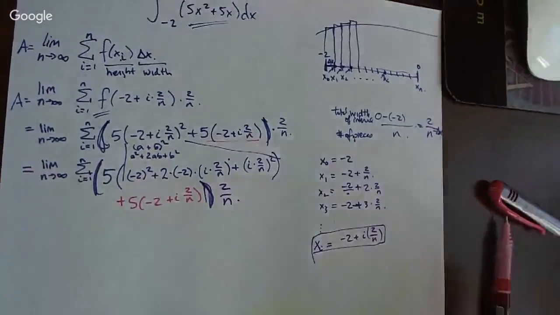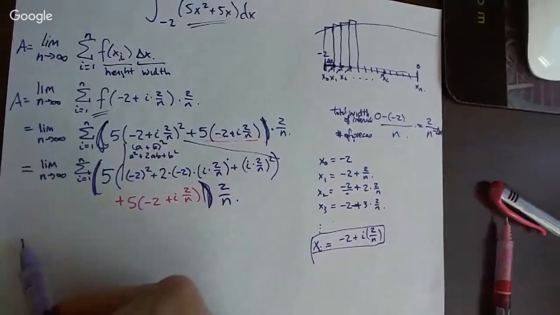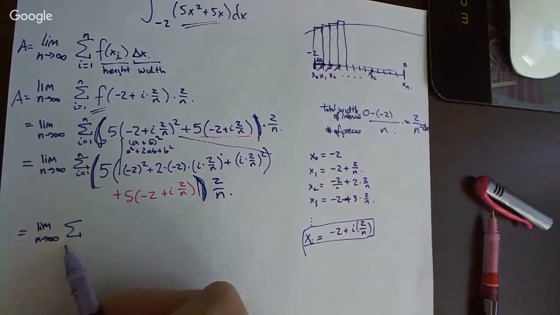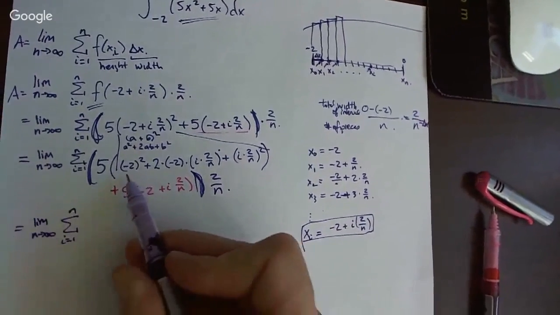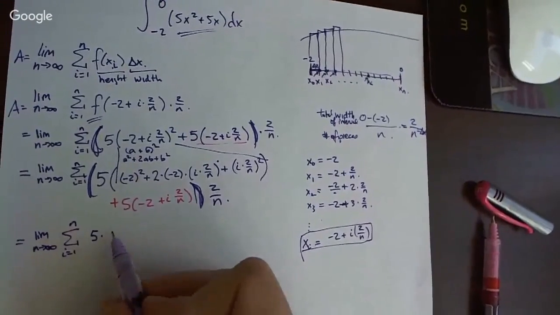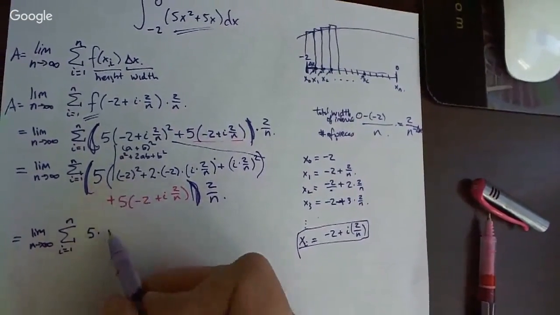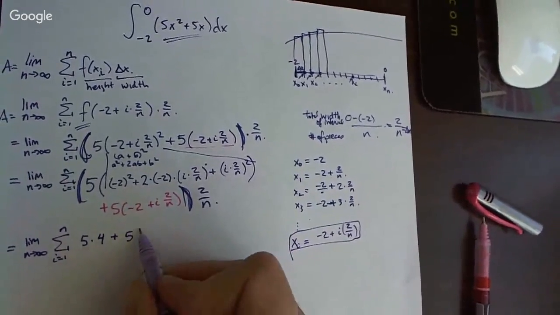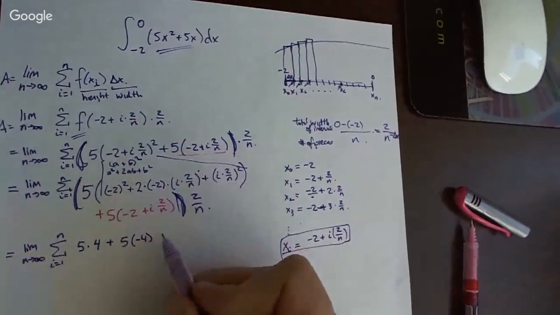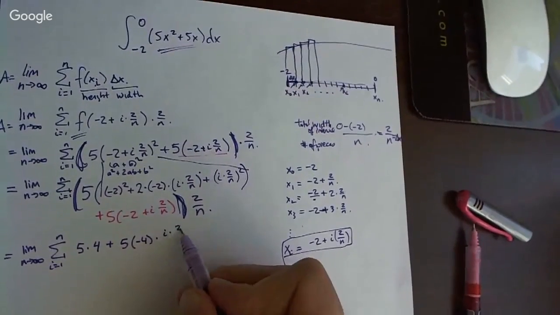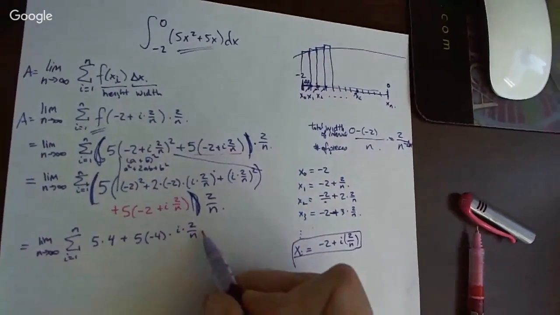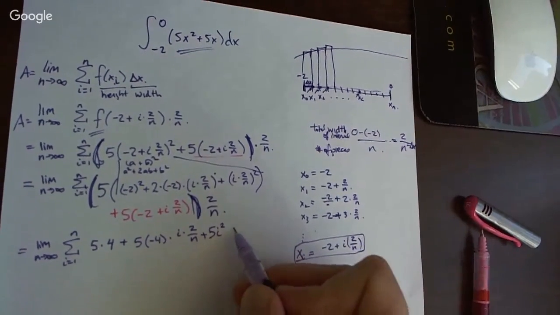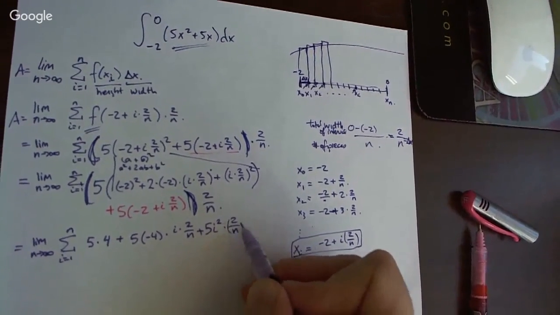So now we're going to simplify. Let's write everything out. The limit as n goes to infinity, sum i goes from 1 up to n. 5 times negative 2 squared is 4. 5 times negative 4 times i times 2 over n plus 5 i squared, I forgot my 5, times 2 over n squared.